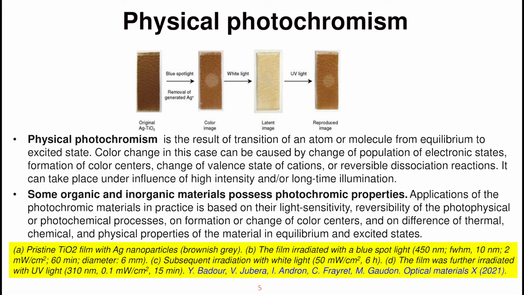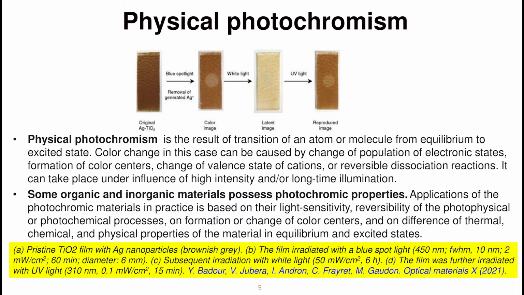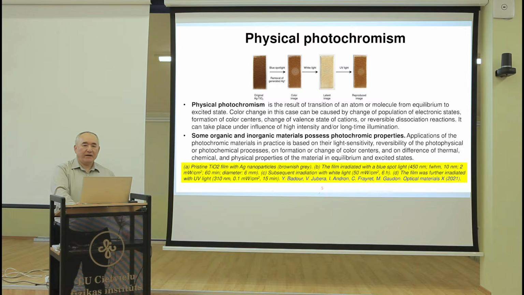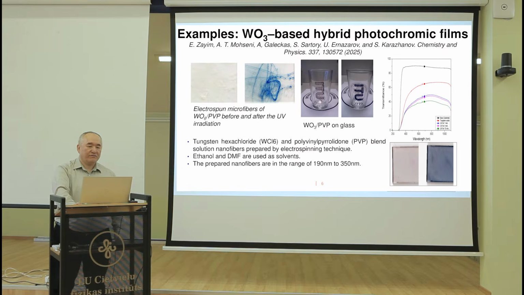For example, absorption of light will transfer an electron from its ground state to an excited state, and this process is accompanied by color change. This is what we call physical photochromism. In nature, both mechanisms can be mixed. In one material, the mechanism might not be purely chemical or purely physical, but can be mixed as well.